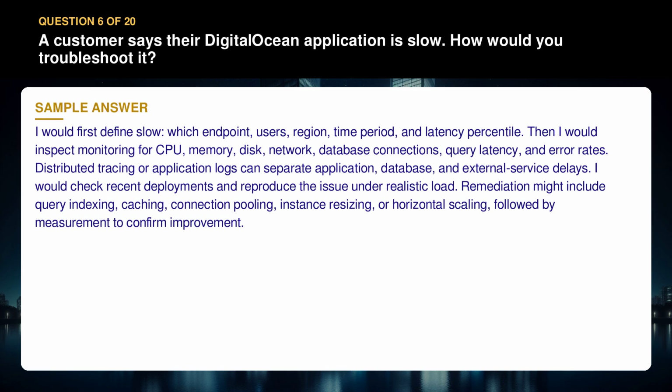Distributed tracing or application logs can separate application, database, and external service delays. I would check recent deployments and reproduce the issue under realistic load. Remediation might include query indexing, caching, connection pooling, instance resizing, or horizontal scaling, followed by measurement to confirm improvement.